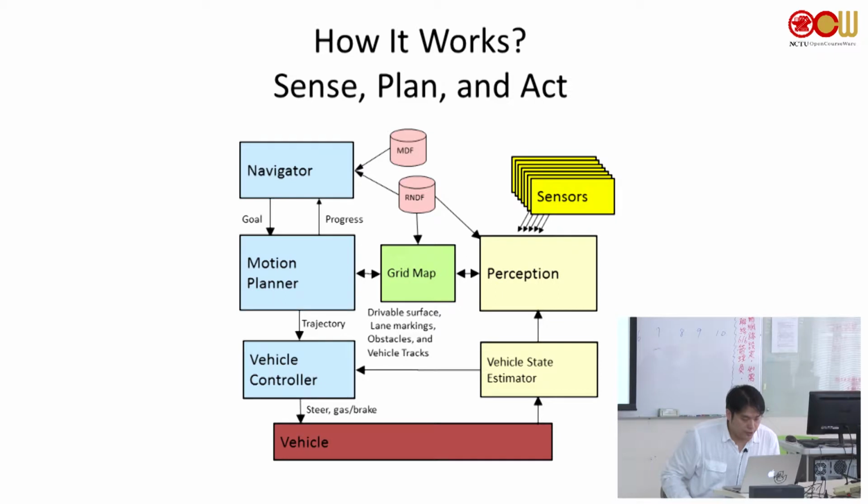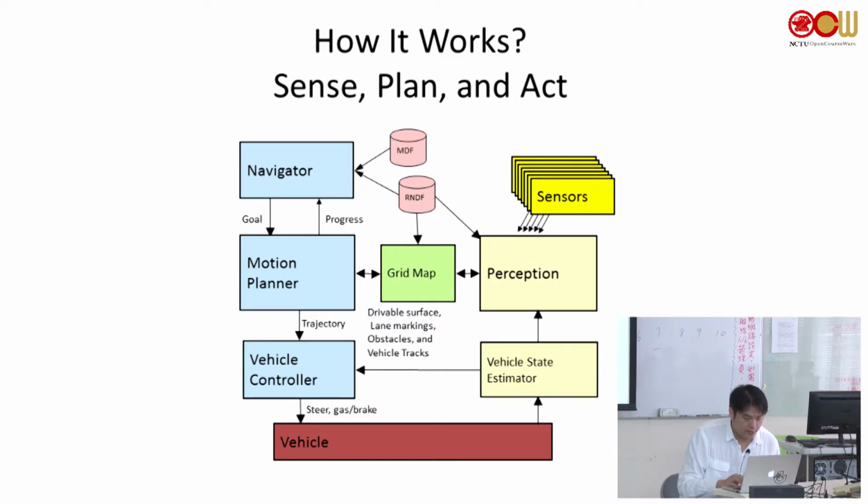How it works: here comes a system diagram, and you can see there are definitely lots of sensors on top of the vehicle. Here comes the perception part. You could imagine that lots of LiDAR give you the point cloud, and you definitely want to parse the point cloud into drivable areas and obstacles.